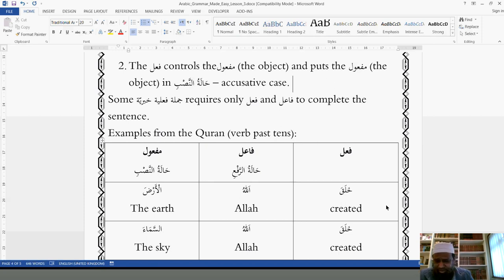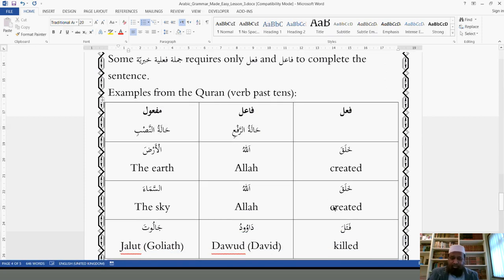Allah created the earth. Next, khalaqa, fi'l. Again, lafz Allah, the fa'il, Allahu, and as-sama'a. Because it's the object, it will go in halatul nasb. Khalaqallahu as-sama'a.